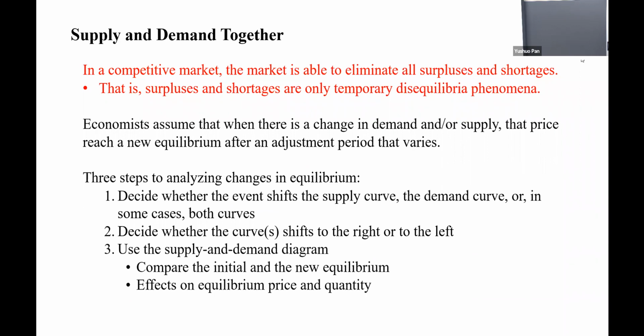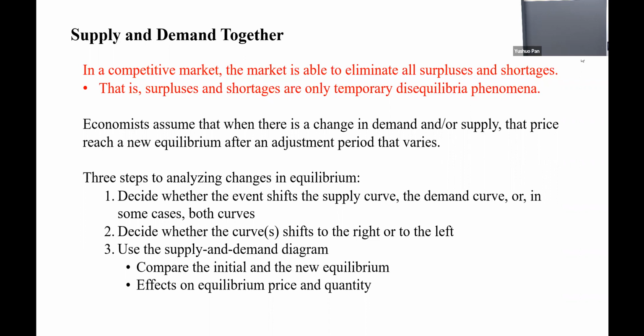Economists assume that when there is a change in demand or supply, the price reaches a new equilibrium after an adjustment period that varies. So usually there are 3 steps to analyzing changes in equilibrium.